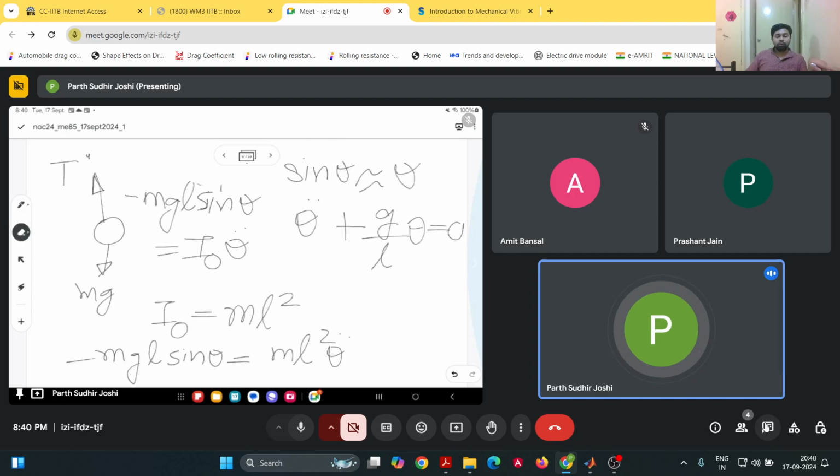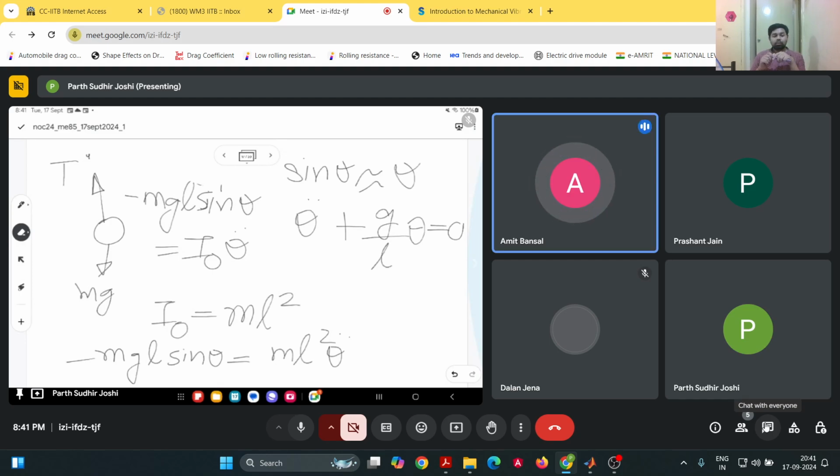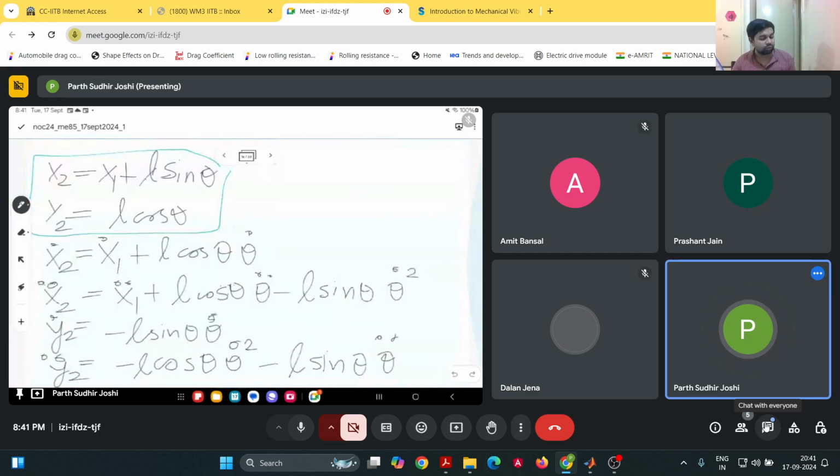But if we want to derive the same equation of motion alternatively using Newton's second law, we will end up with the same equation. Do you want to see how? No, sir, I can do it for this problem. Using L sin theta, L cos theta? Again you will use the same thing, instead of this x2, y2.